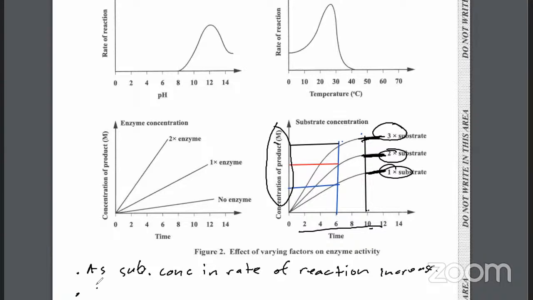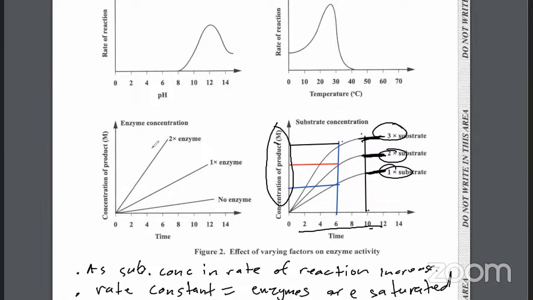Remember, when the rate is constant, enzymes are saturated. So substrate concentration increases, rate increases until it gets constant. When it gets constant, it's because the enzymes are saturated.